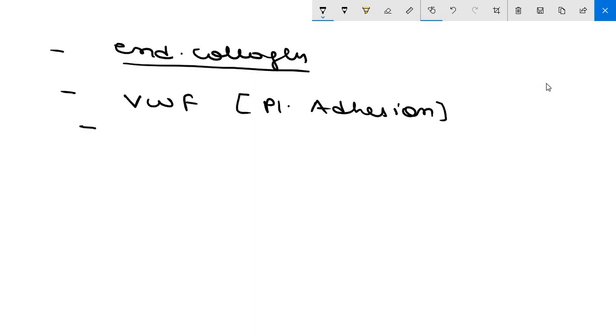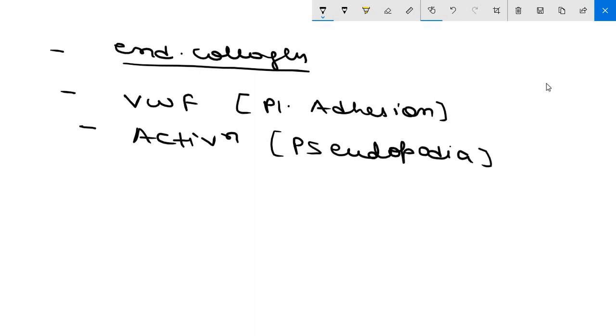The third step: after platelet adhesion, the platelets become activated. These activated platelets will give out different pseudopodia, and at the same time after activation, discharging of the contents will also occur.